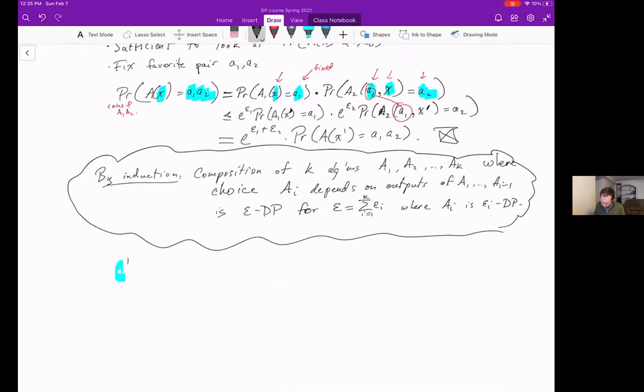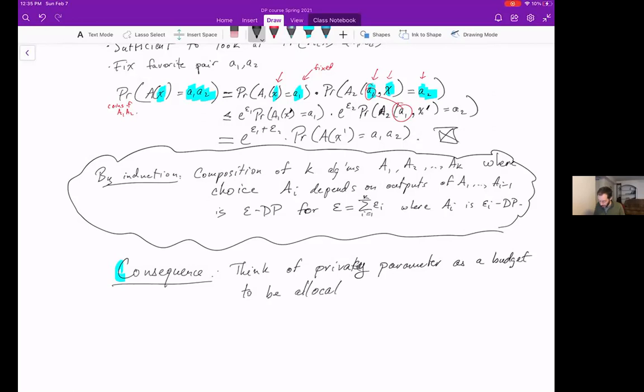Okay. So a consequence of all of this is we can think of our privacy parameter epsilon as a budget to be allocated among pieces, among the different components of our algorithm.